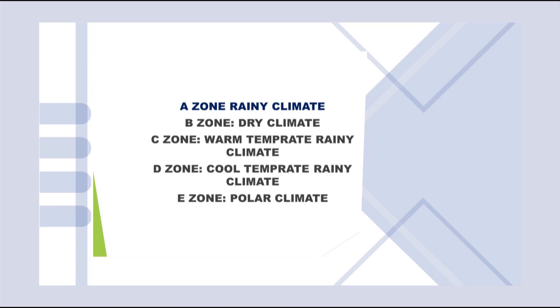These are A. Tropical rainy climate, B. Dry climate or arid climate, C. Warm temperate rain climate or humid microthermic climate, D. Cool temperate, snowy or microthermic climate. Then finally we have E. polar climate or climate in the Arctic region.